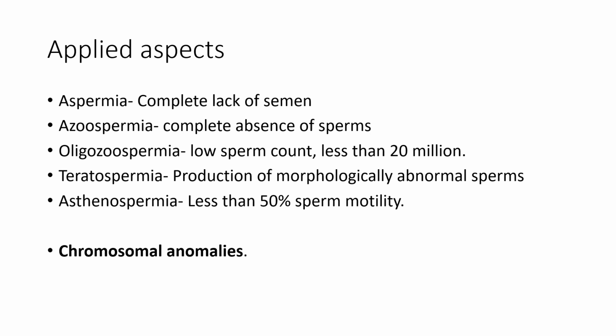If the sperm motility is less than 50%, it is called asthenospermia. Again, if there is any deviation from the normal cell division, it will lead to chromosomal anomalies.